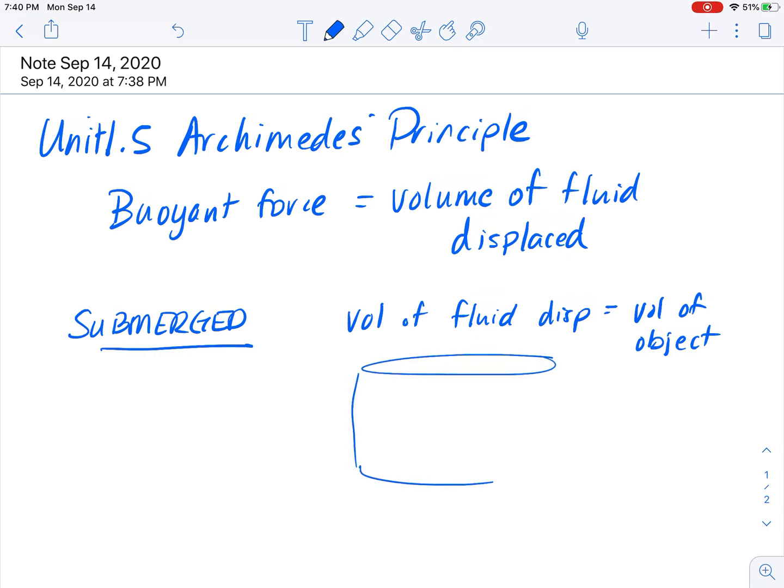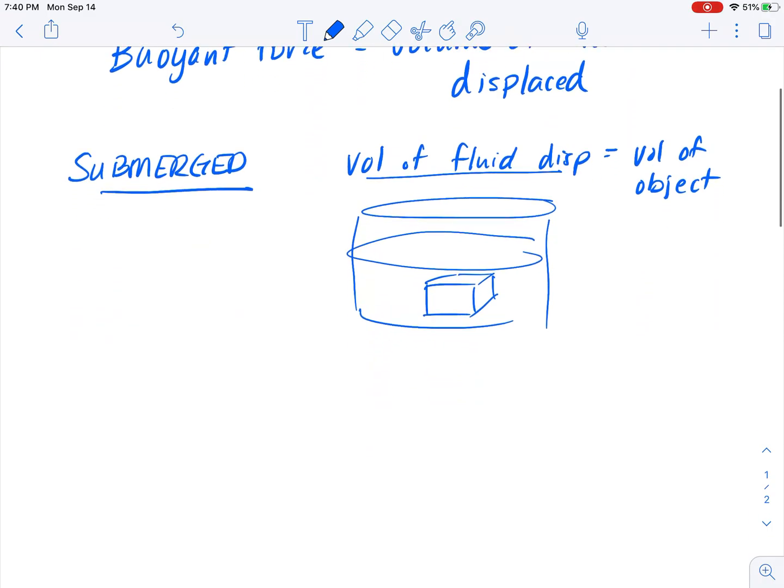So if I just make a quick sketch of a vessel of water, and there's a cube in the water here, the entire object is under the fluid, so the displaced fluid is equal to the volume of the object.